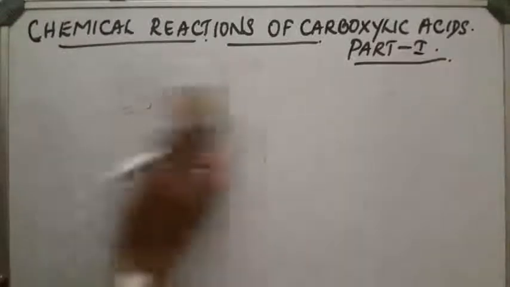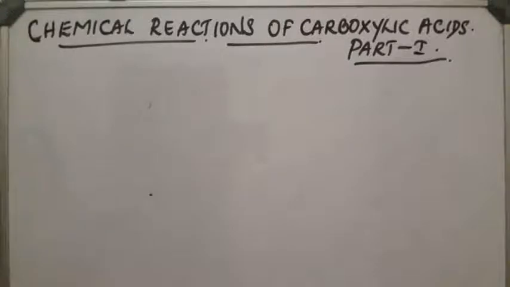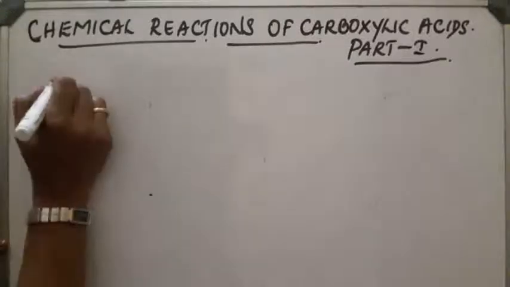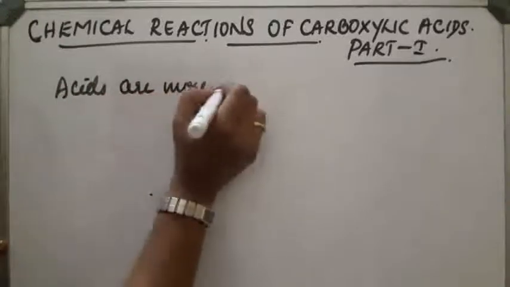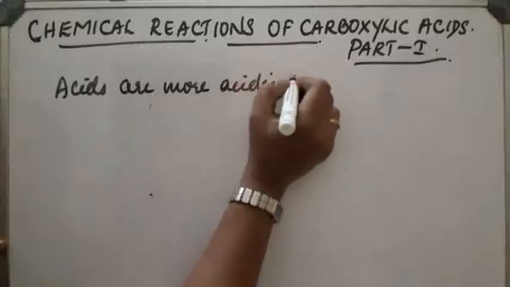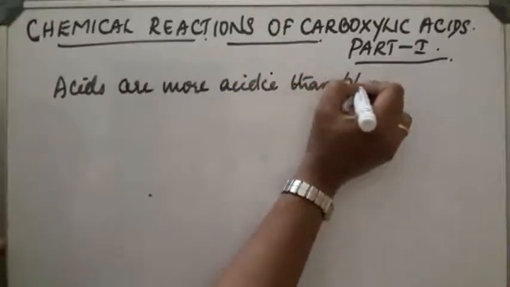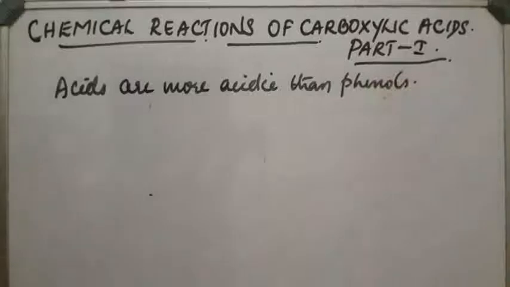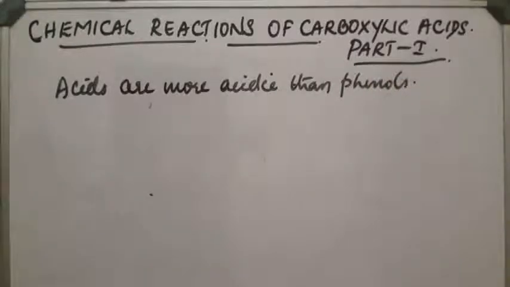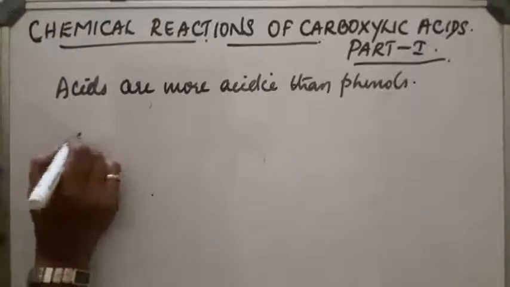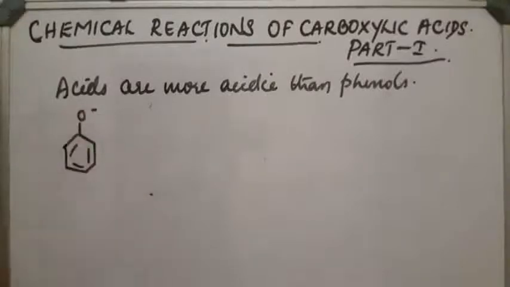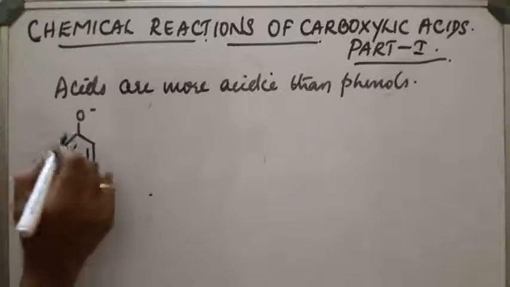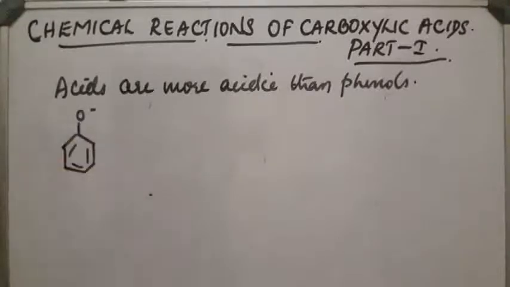Compared to phenols, carboxylic acids are more acidic. How can we explain this? In the case of phenols, we know that the phenoxide ion is formed, O minus, and there is delocalization between the one sp2 carbon atom and only one oxygen atom.